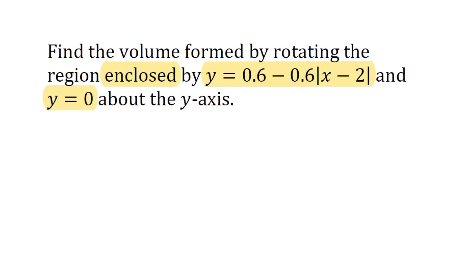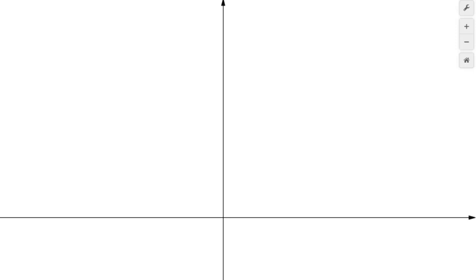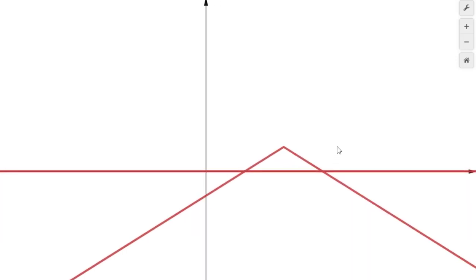Now I'm going to switch over to Desmos to see what the region looks like. Here in our empty graphing space, the graph of 0.6 minus 0.6 times the absolute value of x minus 2 is this nice V curve pointing down.